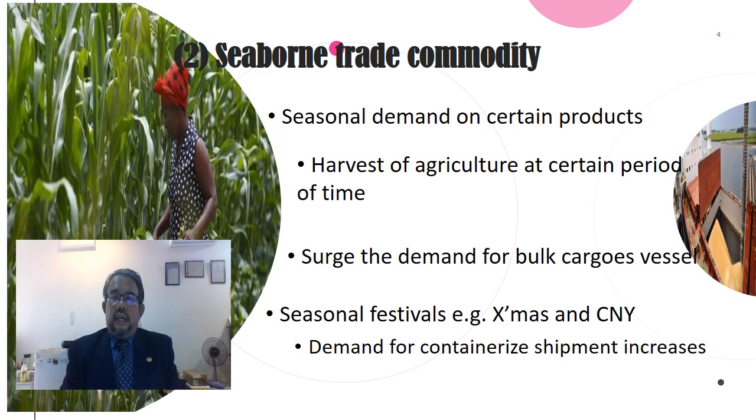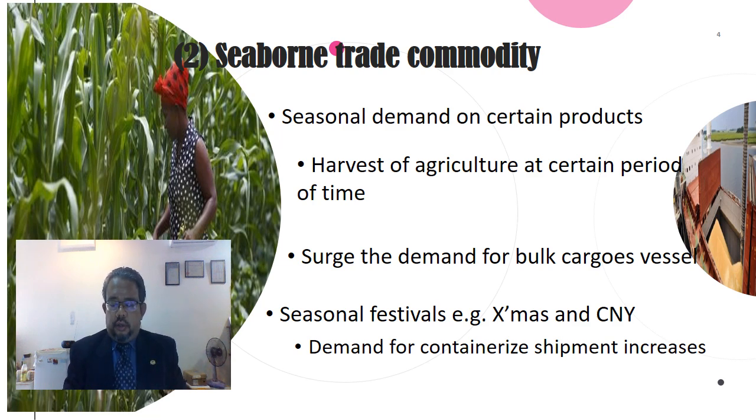Now, let's look at the second factor that affects demand of maritime transport. The second factor that affects demand of maritime transport is the commodity of seaborne trade. The seaborne commodity trade is very volatile and short-term. What is meant by seasonal is that it occurs at a certain period of time in a year.